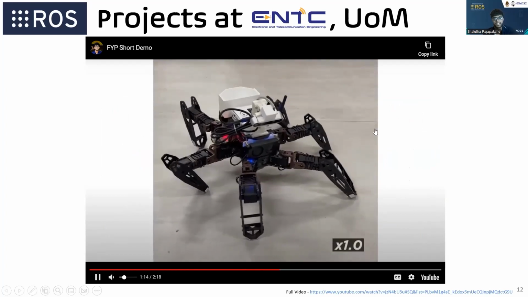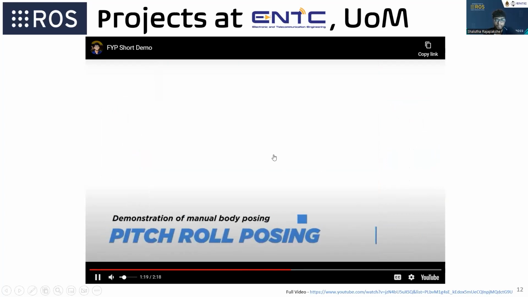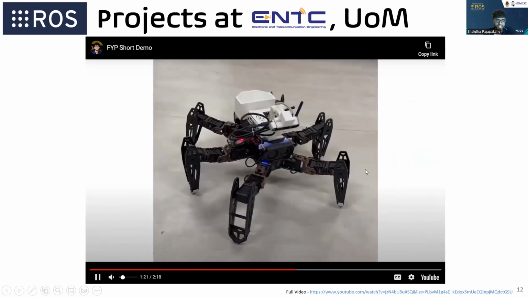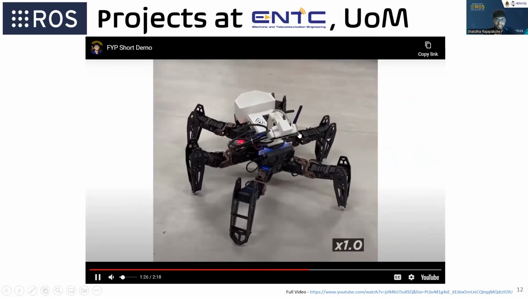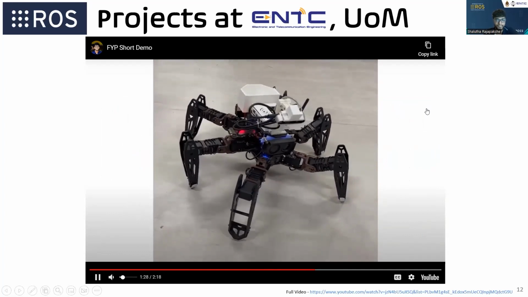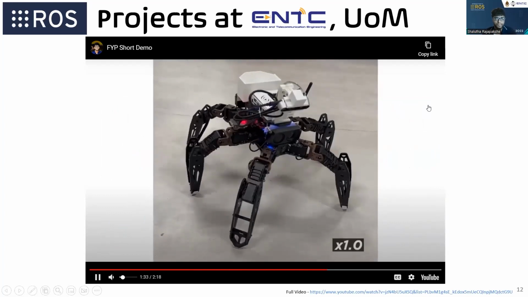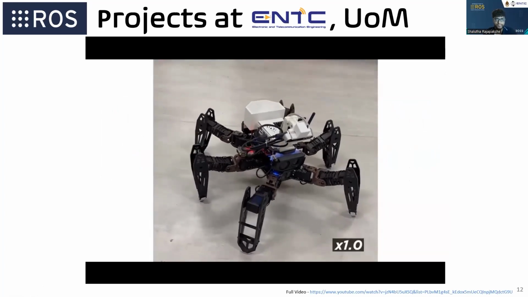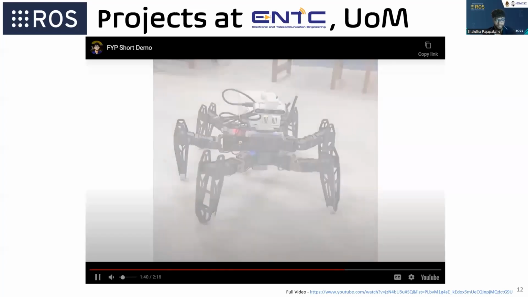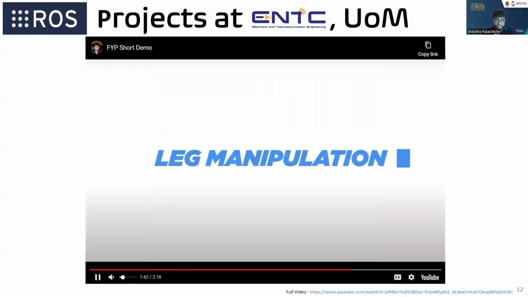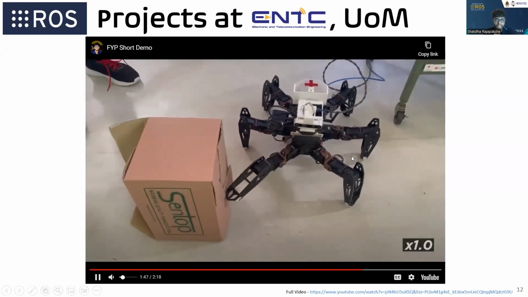These are some additional capabilities that we have added into our hex support, since this is operating in a disaster environment, and those capabilities might be useful for operating in these kinds of environments. This is also another additional capability that we have added to our robot.